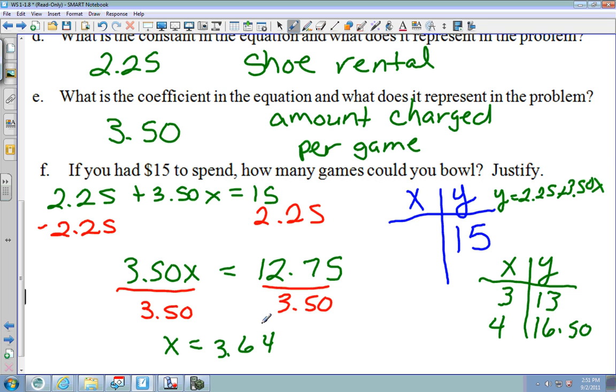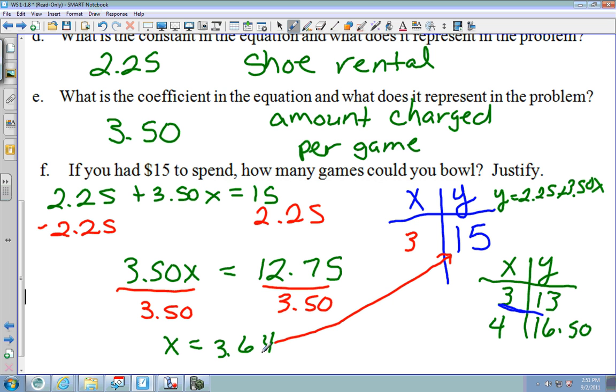Well, here's what I was going to say, right here, there's no 15 in there. If it's 4 games, it's $16. Do you have enough money if you only have 15? No. But if you only bowl 3 games, it only costs you $13. You have $2 left over. So you can only bowl 3 games, because to get exactly 15, it'd be 3.64 of a game.